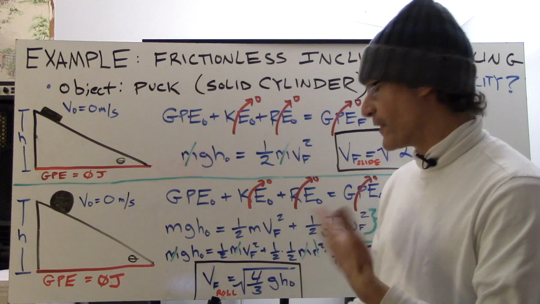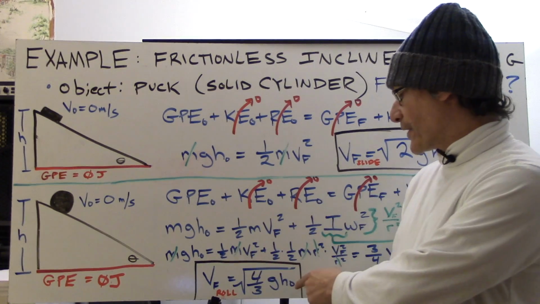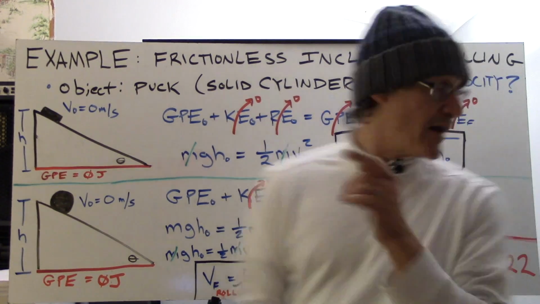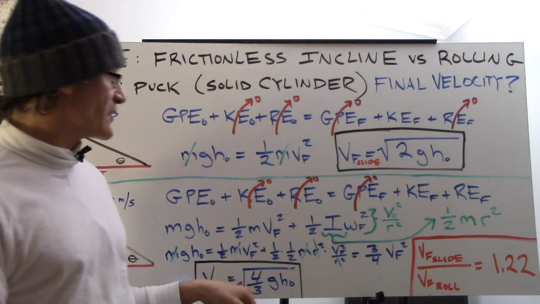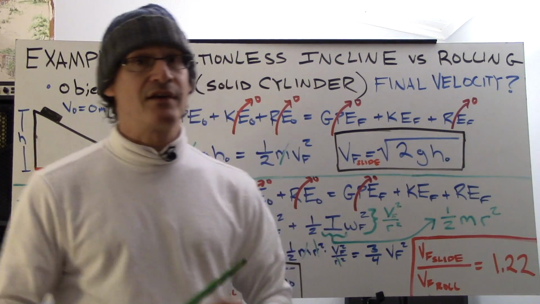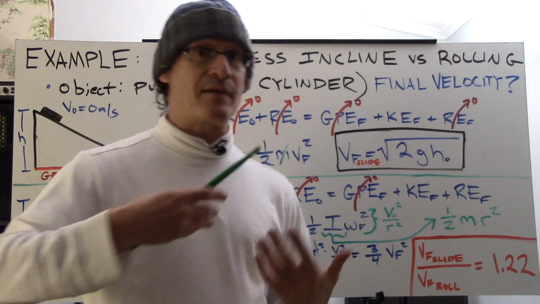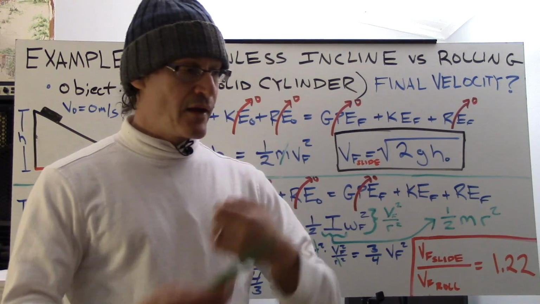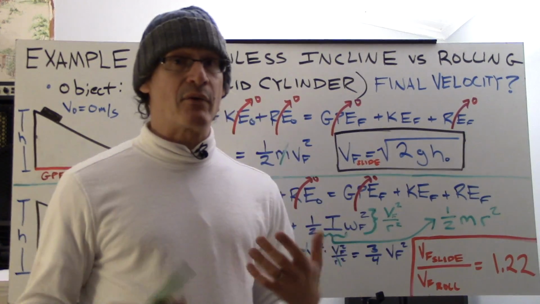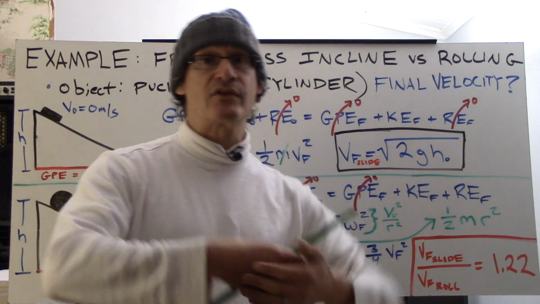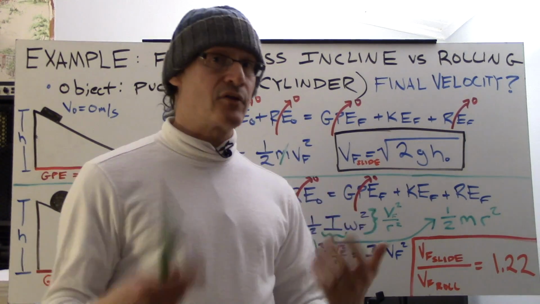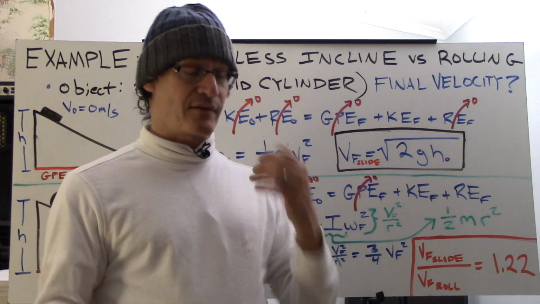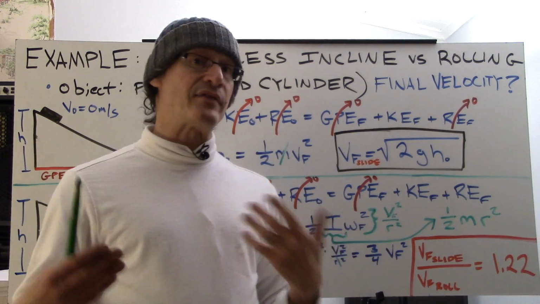I solved for vf, and this value is actually less than this value over here. So this one is less than that, which means that it takes a bit longer for the object to roll down the hill than slide down the hill. And that makes sense. In the activity where we compare different objects, spheres and rings and hollow rings, solid rings, cylinders of that nature, we know that they roll at different rates.